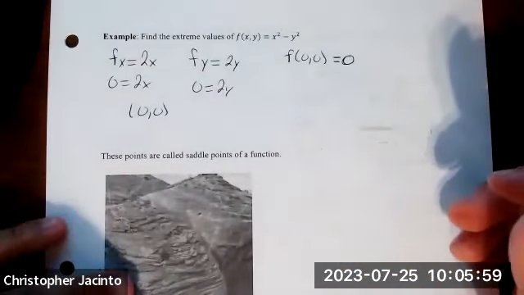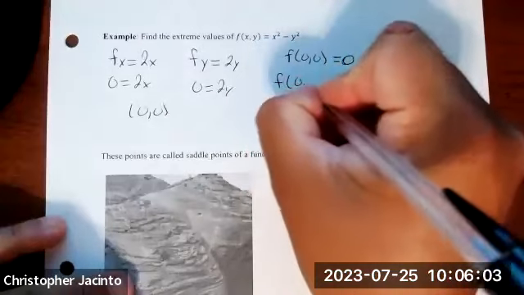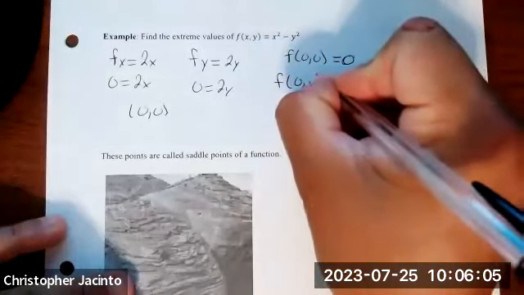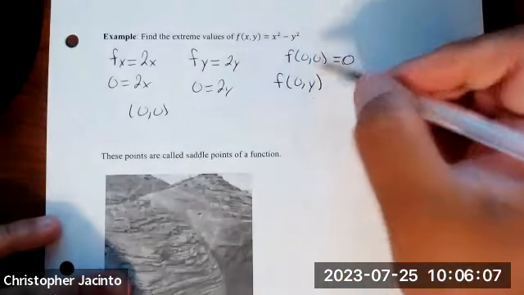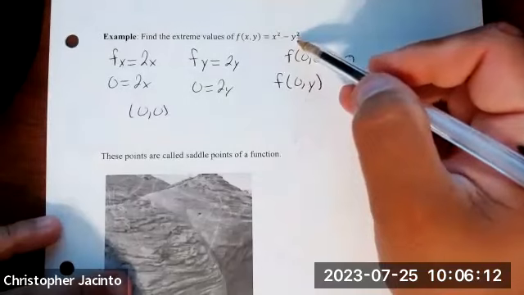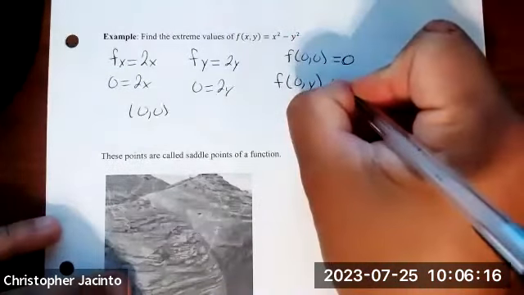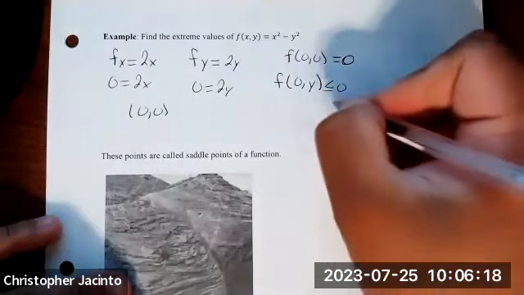Okay. So if I plug in 0 for x and plug in any arbitrary y value I want, what's happening? So this goes away, right? Any arbitrary y value, like 500, it's going to be negative. So this is going to be less than 0.